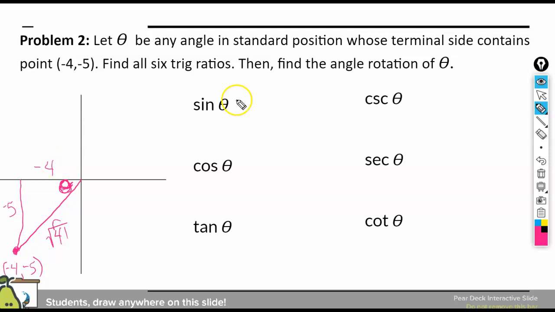So the sine is going to be -5 over square root of 41. That's going to be negative. And it does still have to be rationalized. So I make sure I rationalize it. And I get -5 square roots of 41 over 41. Cosine.